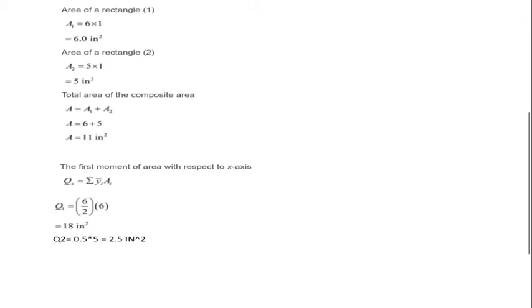All right, so now we have here the coordinate y bar to the center of the composite area. We need to add these two Q's.